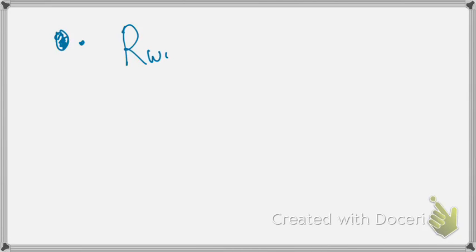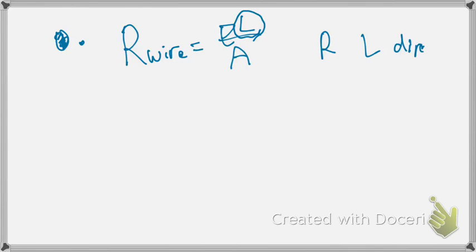Well, the resistance of the wire is rho L over A. So the resistance goes directly with L. R and L, direct relationship. But R and A is an inverse relationship. So if you look at your answers, I think the answer is C.